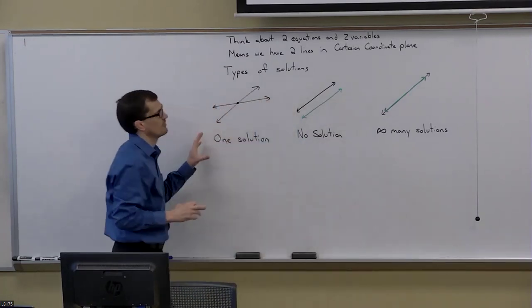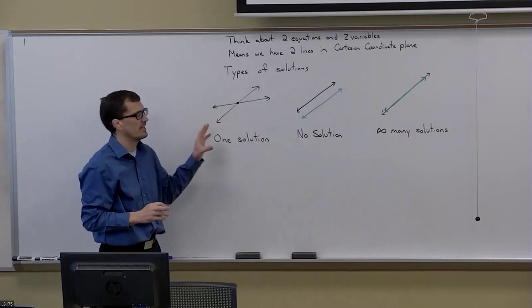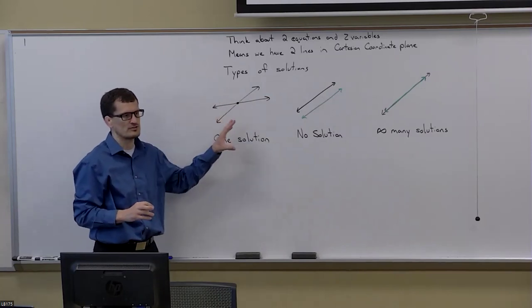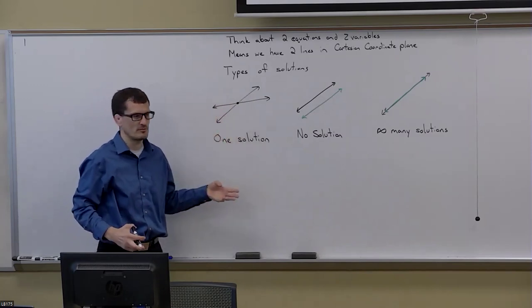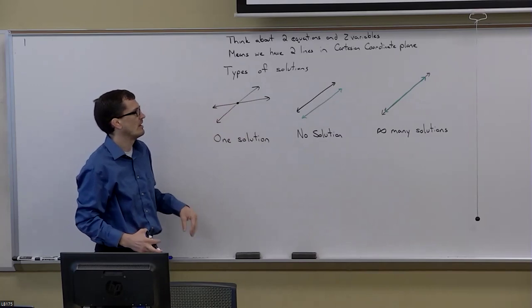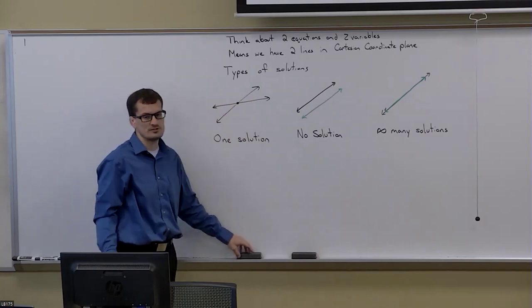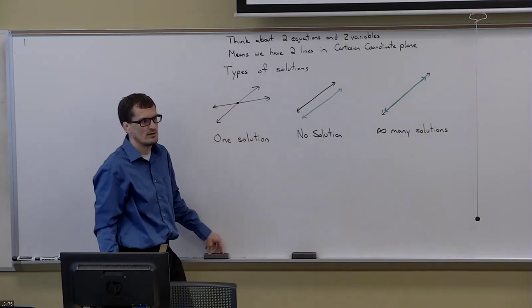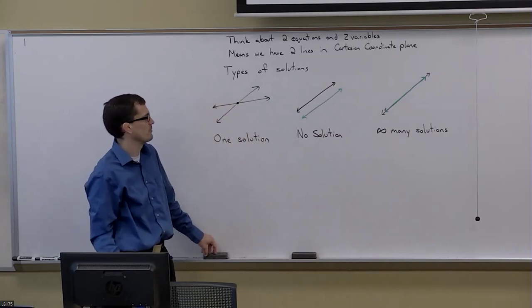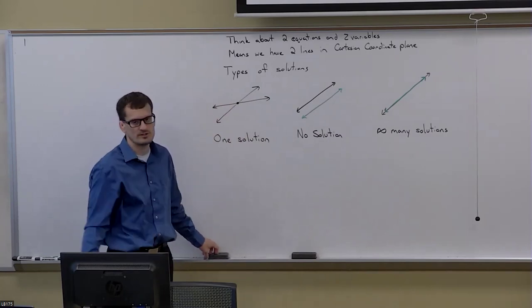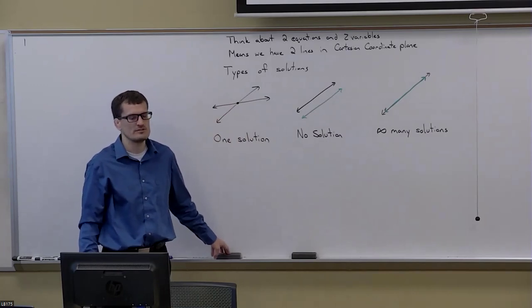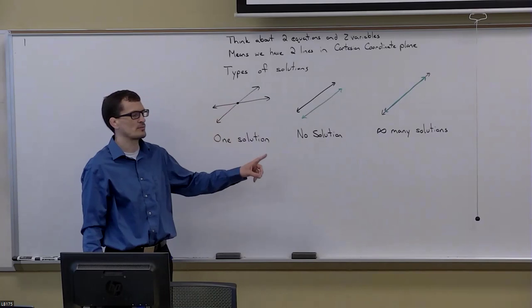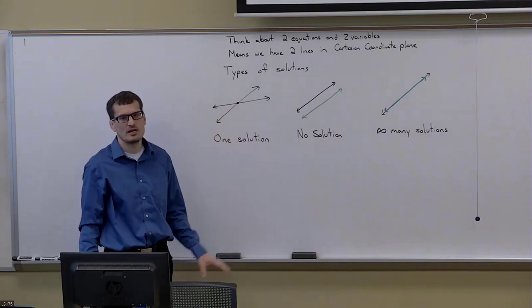The two variables, two equations case is nice because you can draw pictures in the Cartesian coordinate plane. It's much harder to do that if you have three equations and three variables, or three equations and two variables. You still end up with the one solution, no solutions, or infinitely many. So no matter how many equations and variables, these are the three different types of solutions.